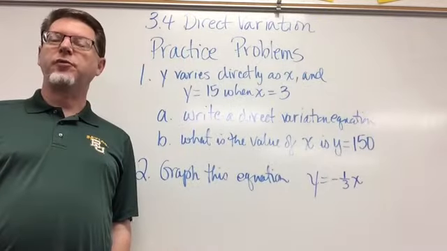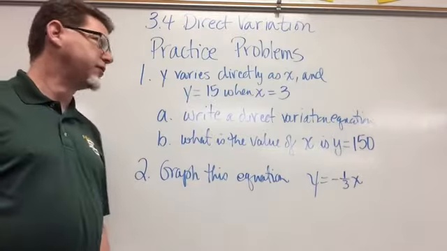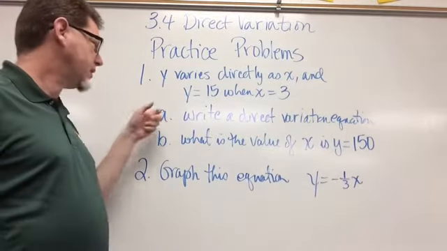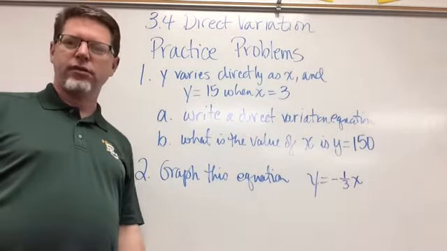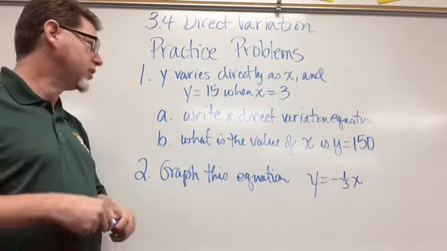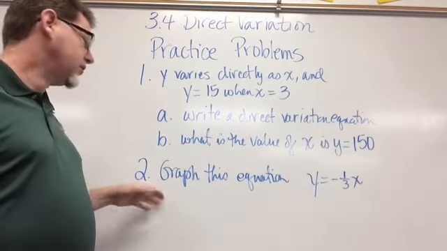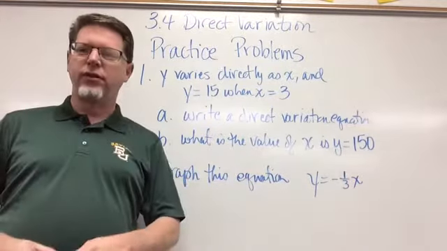And here are your practice problems for this video. The first one says y varies directly as x and y equals 15 when x equals 3. So part A, write a direct variation equation. Remember, you have to find your constant of variation first. And then B says, what is the value of x if y equals 150? The second one, graph this equation, y equals negative 1/3 x.